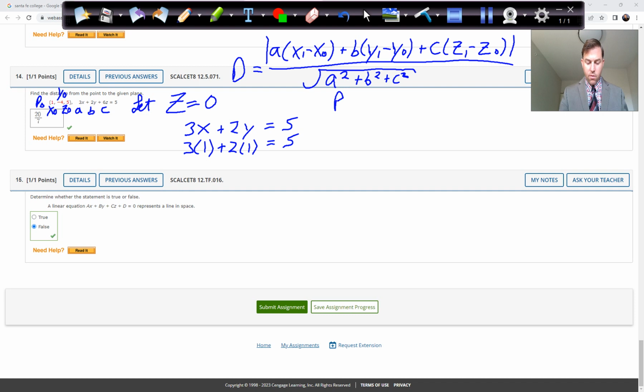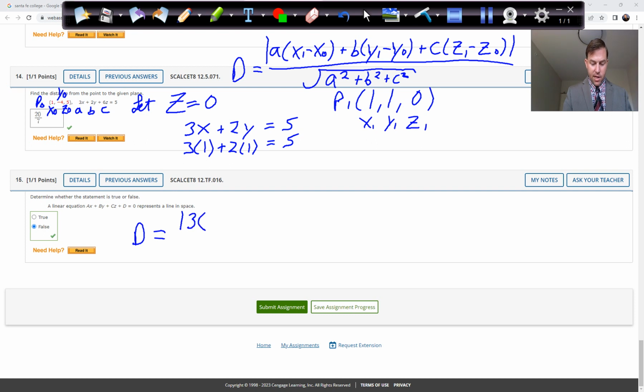So point 1 is going to be equal to 1, 1, 0. So we just kind of looked at this and said, oh, wait a second, 3 plus 2 is 5. So let's just make x1 and y1 equal 1. And then z was 0. So that's our point 1. So this is x1, y1, z1.